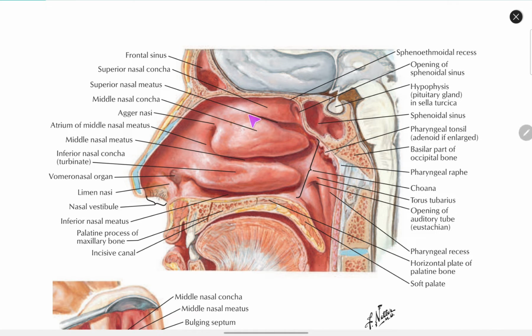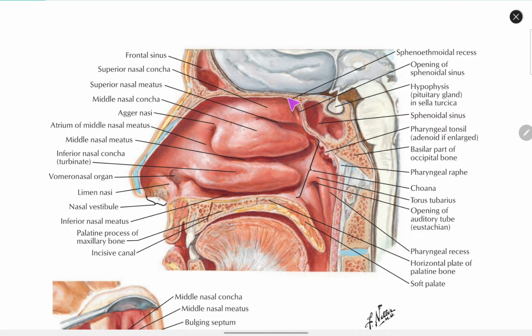It has a height of 5 centimeter, a length of 5 centimeter and 1.5 centimeter width near the floor. Looking at the roof of the nasal cavity, it is 7 centimeter long and 2 millimeter wide. It slopes in front and it also slopes behind.